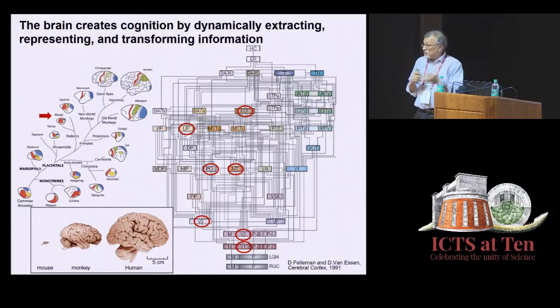The useful levels of questions to my mind are at the mesoscale. What are the nature of representations? What do dynamics convey? What does it mean to transform? Even what is information for biological systems? Before you can decide what is information, you must have information about what does it do? Why does it exist?